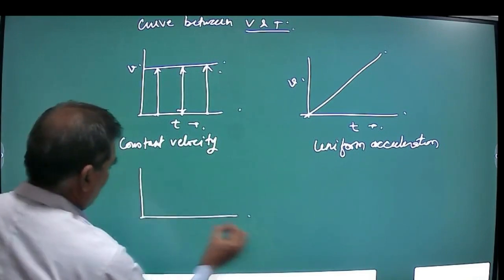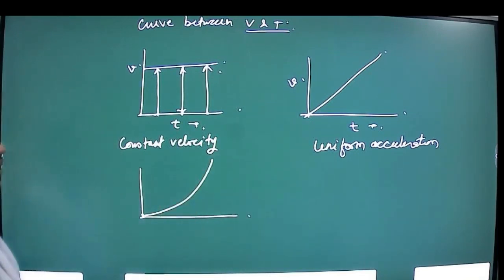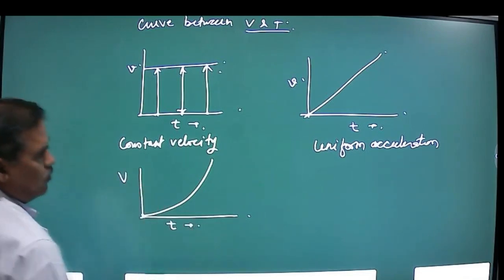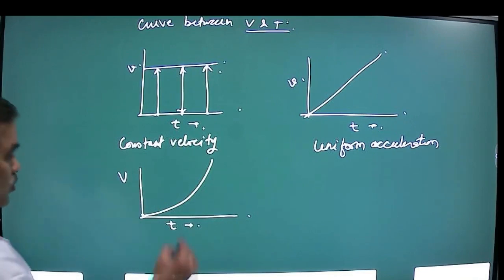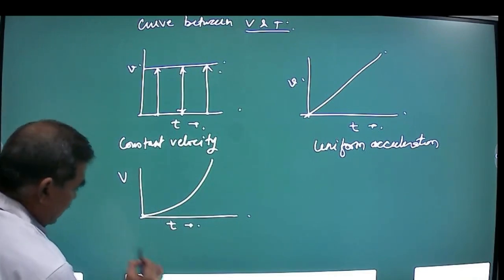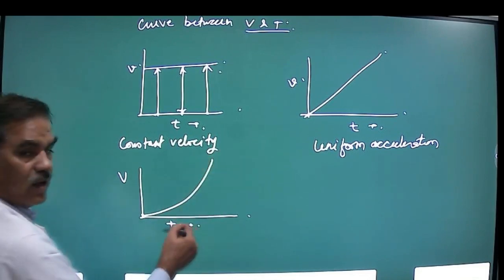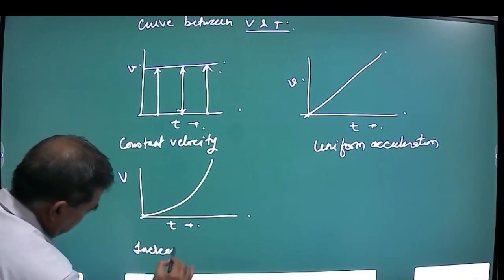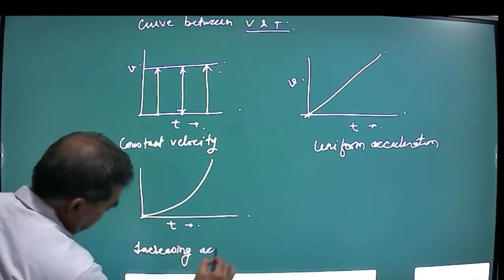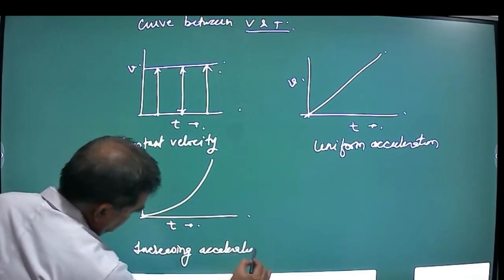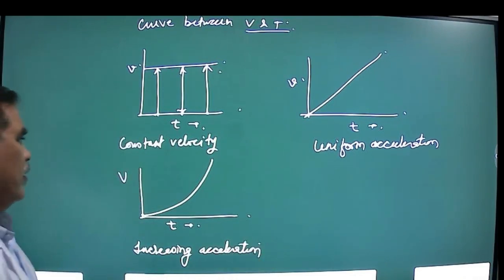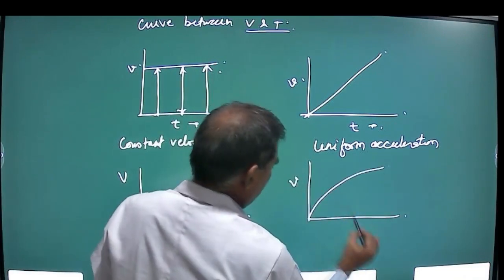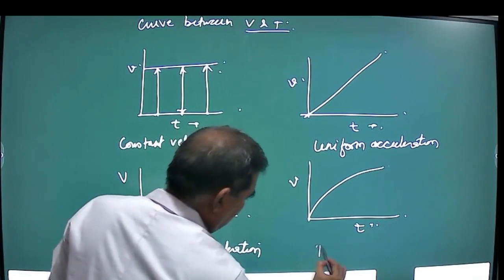If the curve is like this, this is V and T, so here acceleration is increasing gradually, increasing acceleration. And if the curve is like this, this is V and this is T, this is decreasing acceleration.